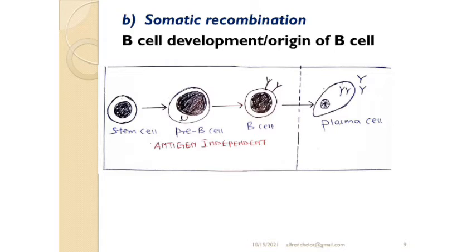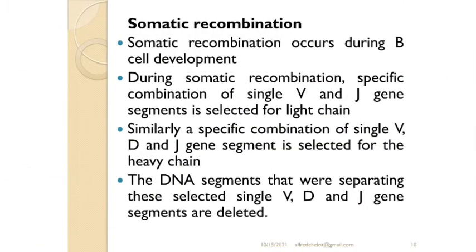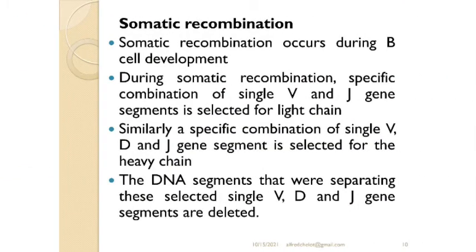After looking at B cell development, how does somatic recombination bring about antibody diversity? Somatic recombination occurs during B cell development, and during somatic recombination, a specific combination of single V and J gene segments is selected for the light chain. Similarly, a specific combination of single V, D, and J gene segments is selected for the heavy chains.